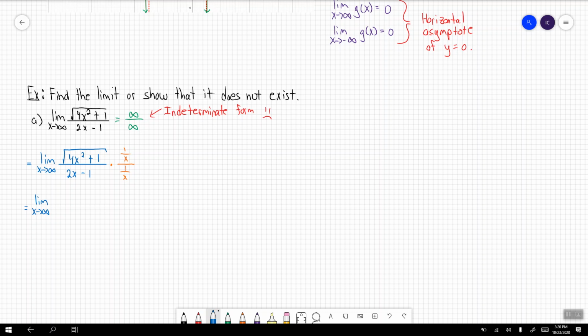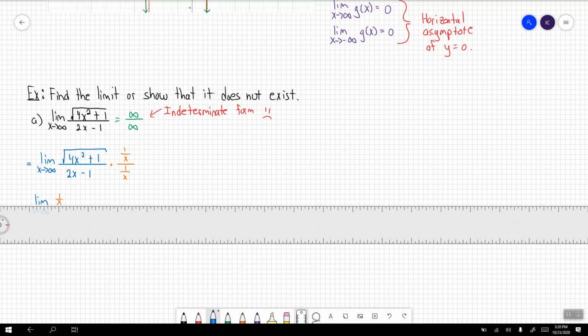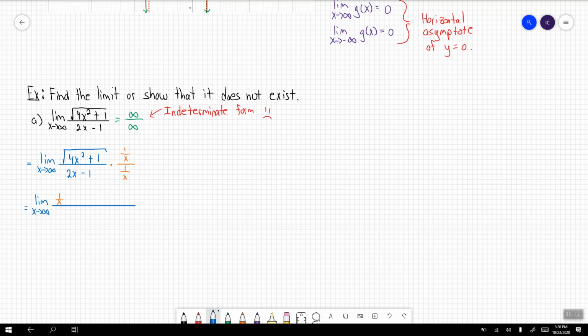My numerator is still going to be 1 over x multiplied by the square root of 4x squared plus 1, divided by, and this 1 over x is going to multiply that 2x, which means we're going to be left with 2 minus 1 over x.